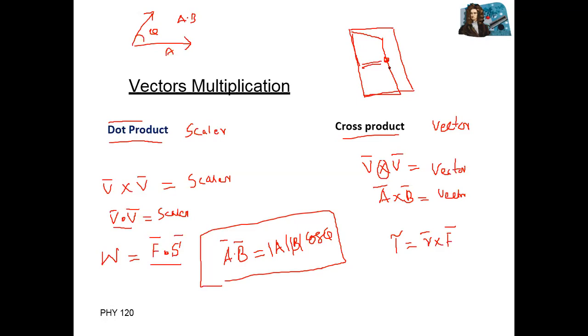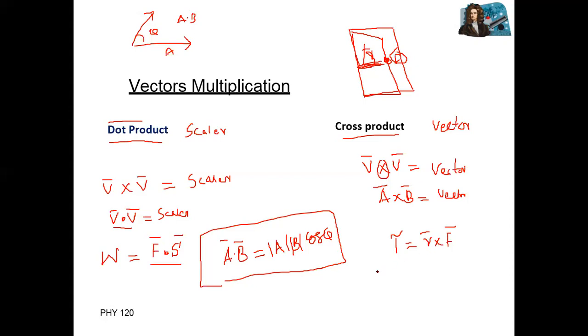It will not move in a straight line, but it will start turning. That condition is called torque on a body. This distance is r, and you apply force here. When two vectors multiply, the result is a torque. Torque means turning effect.